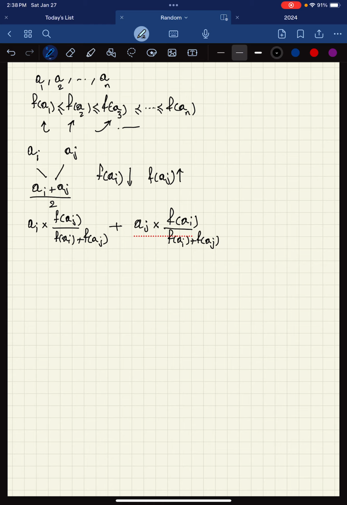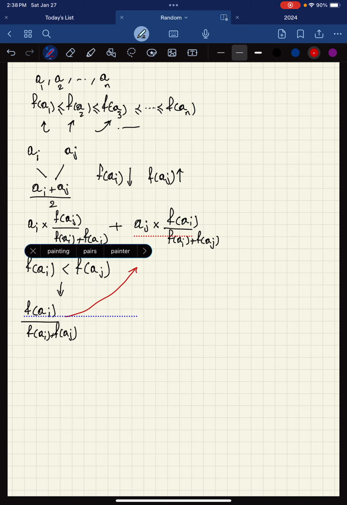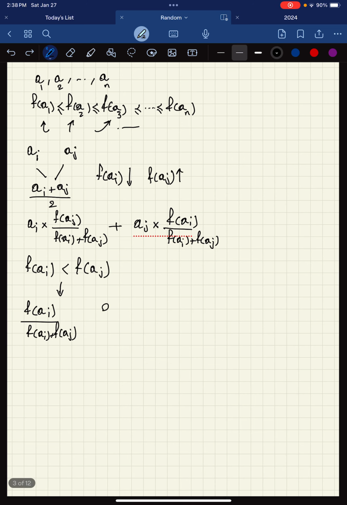Now, what this means is if f of I is smaller than f of a of j, then the probability of this is the one that we use here, by the way. This is going to be smaller. So it is more likely to pick a of I because this probability is going to be higher because f of a of j is higher.